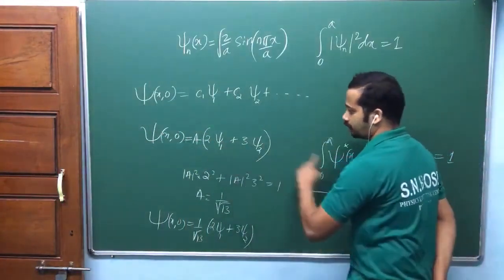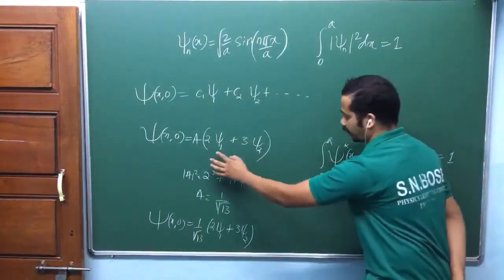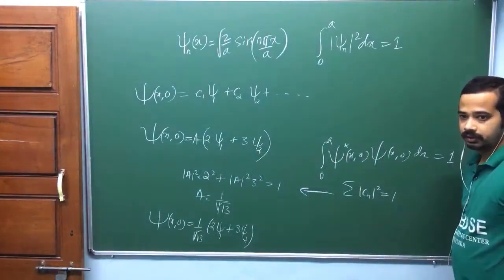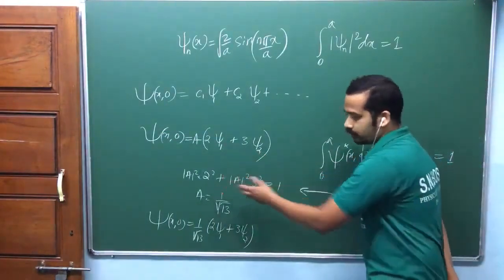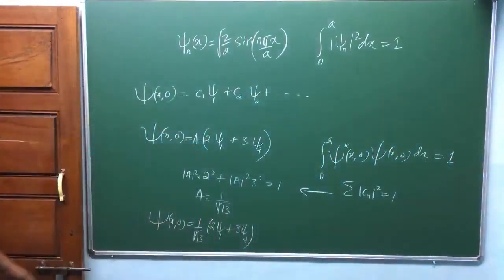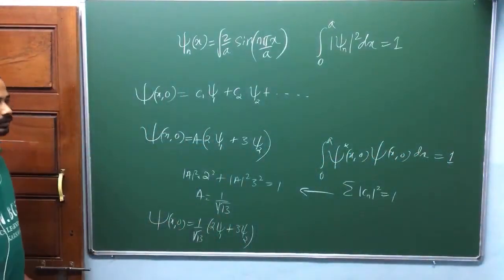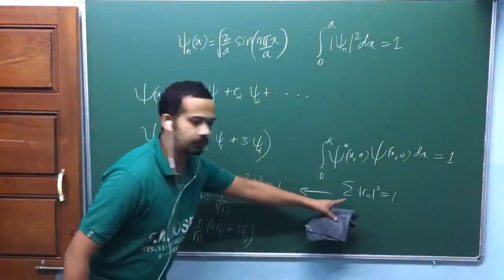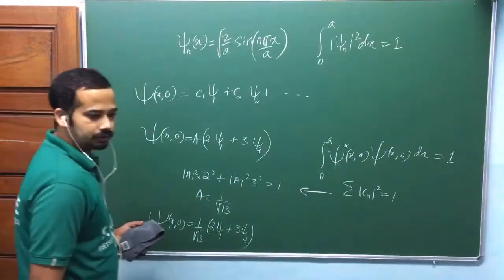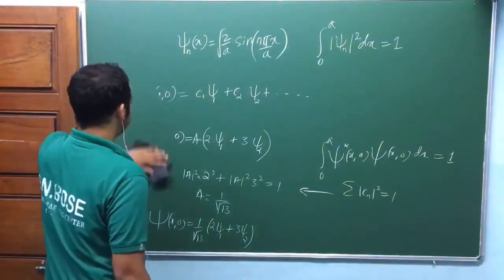Psi 1 star into psi 1 integral is non-zero. Psi 1 star into psi 2 integral is 0 because of orthogonality. So the coefficient mod square will come here also. Check that out. That's what we proved here, in the most general case. Okay? So this is what you need to get the idea.